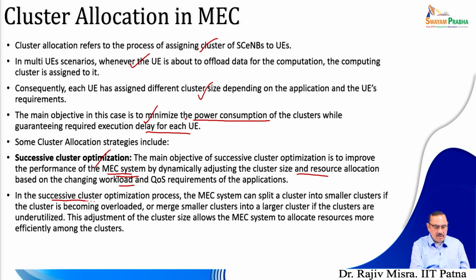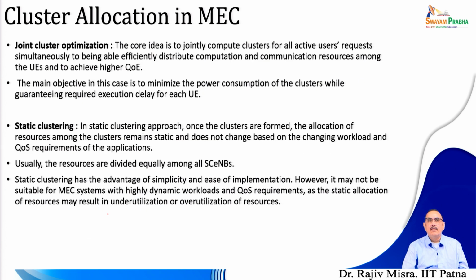In the successive cluster optimization process, the MEC can split a cluster into smaller clusters if the cluster is becoming overloaded, or merge smaller clusters into larger clusters if the clusters are underutilized. This adjustment of cluster size allows the MEC to allocate resources more efficiently among the clusters.